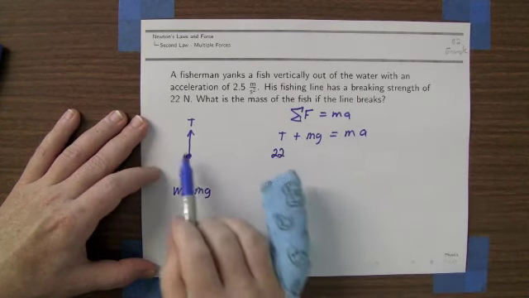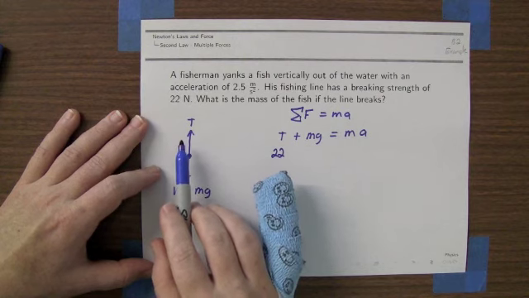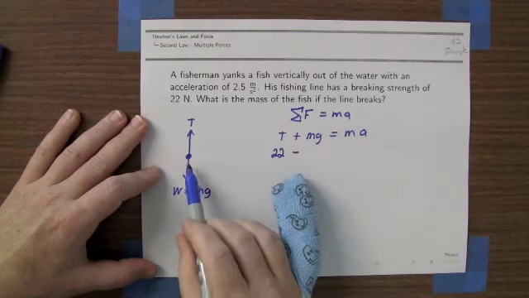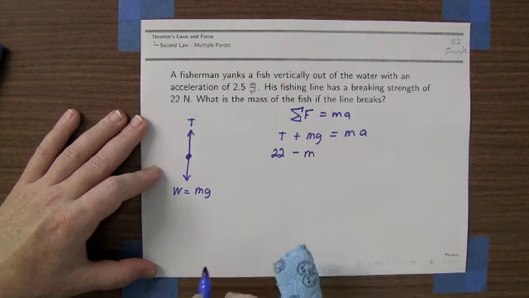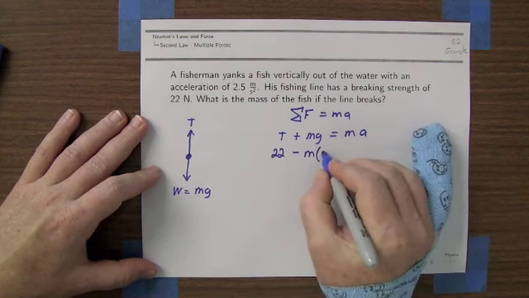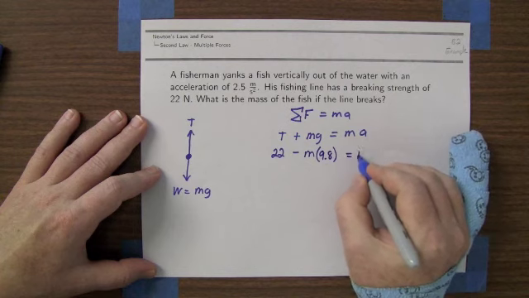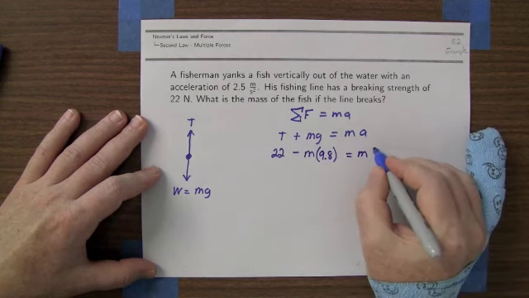This is positive because it's the upward direction, and I choose in almost every case to make up positive. Minus, because weight is acting downwards, the mass of the fish, which we do not know, times g, which is 9.8, equals the mass of the fish times the acceleration.